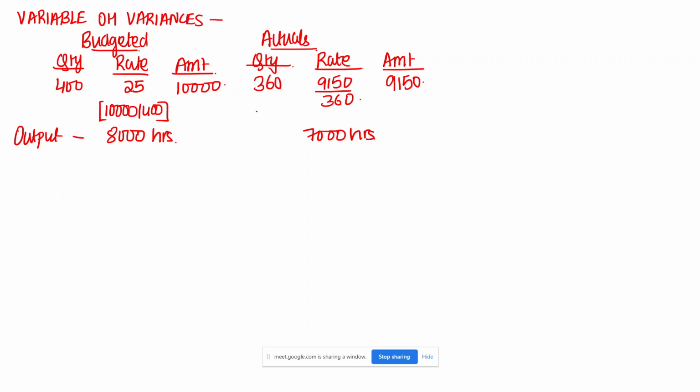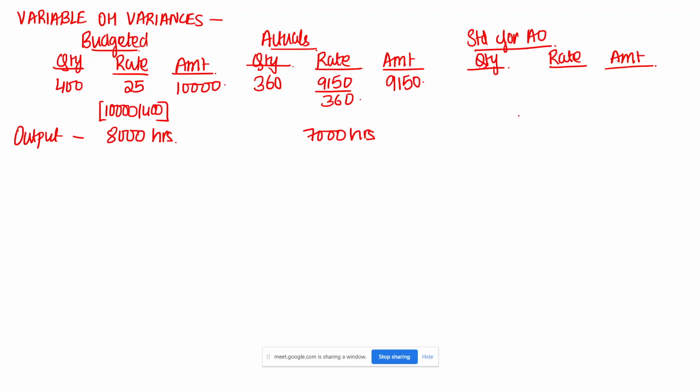Obviously, we cannot compare this and this. So we are going to have standard for actual. So under standard for actuals, we'll have the quantity, we'll have the rate, and we'll have the amount.